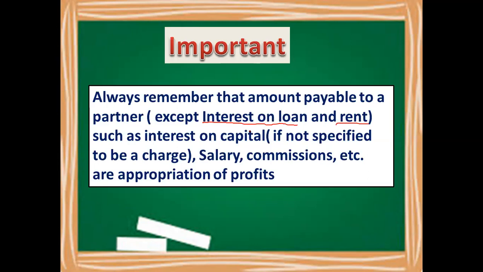Except that, any other payment that we are making to a partner, like interest on capital, salary, commission, are all appropriations. So except these two items, all other payments that we are making to a partner are appropriations, and that has to be shown in the profit and loss appropriation account.